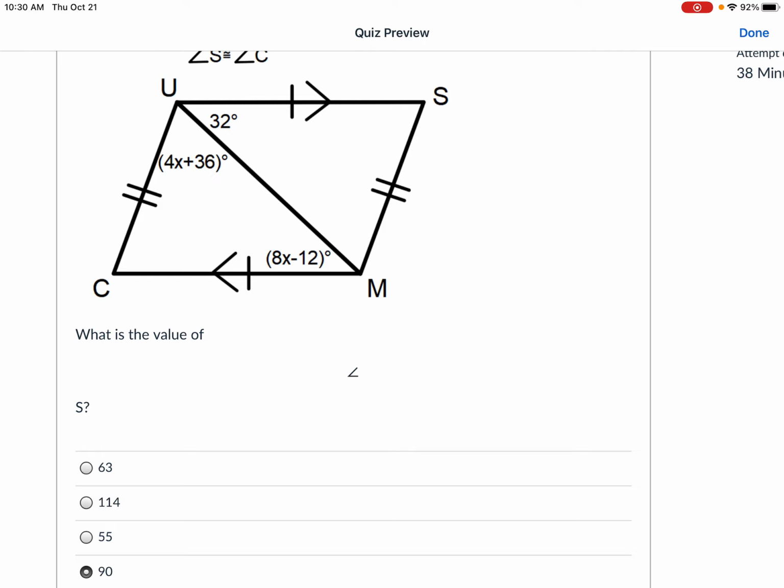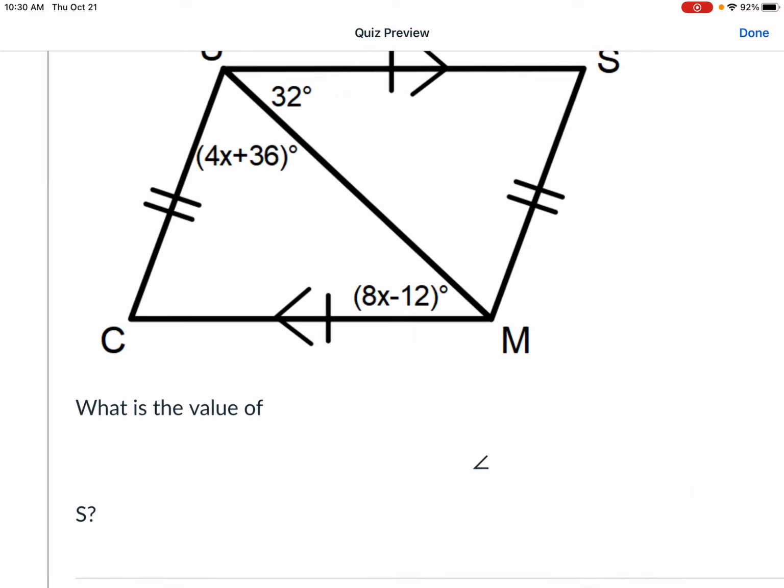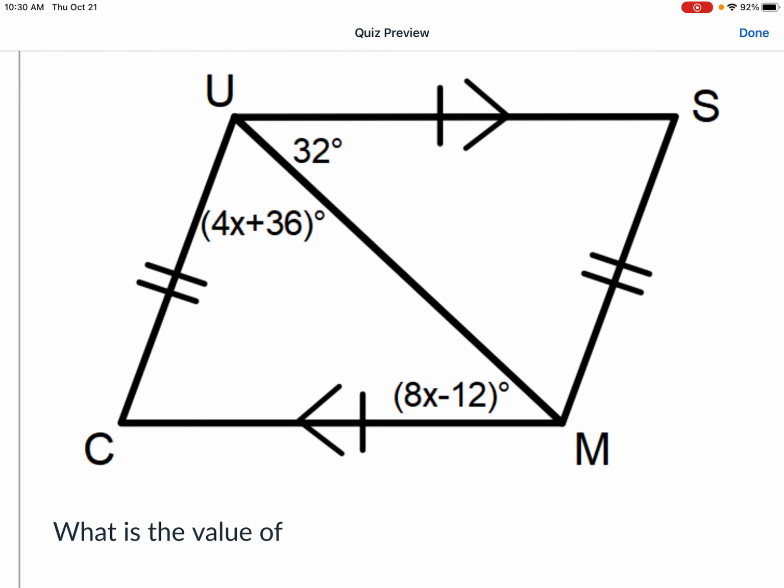Now, I want to point this out to you. In this picture, angle C and angle S do not look like right angles. They do not at all look like they would measure 90 degrees. But does that matter? No. That absolutely does not matter. Just because the picture doesn't look like it doesn't mean your math is wrong.